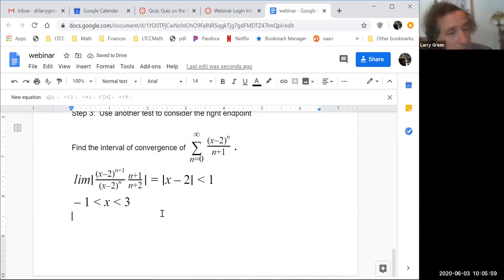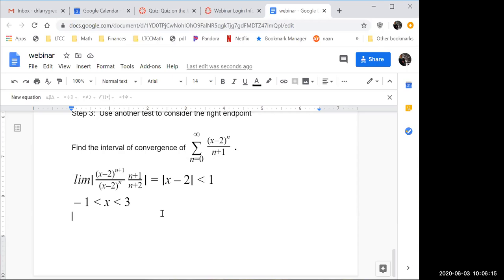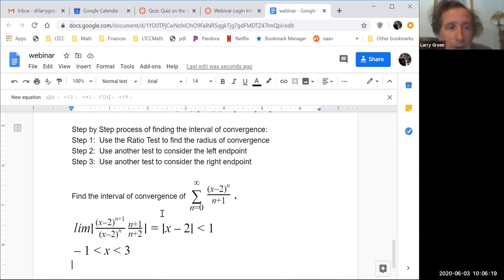Okay. Note, by the way, if x equals 3, then the absolute value is 1. And do you remember what happens with the ratio test if you get 1 for the limit? It doesn't work. Okay, that is the reason why we have to do step 2 and step 3.